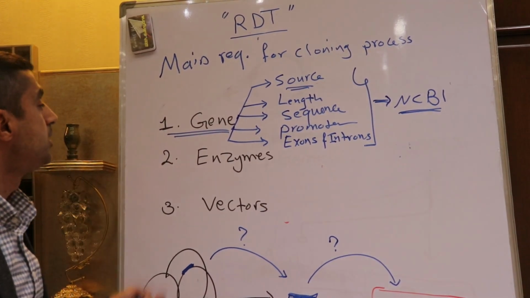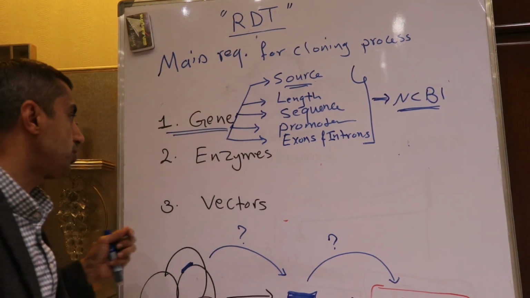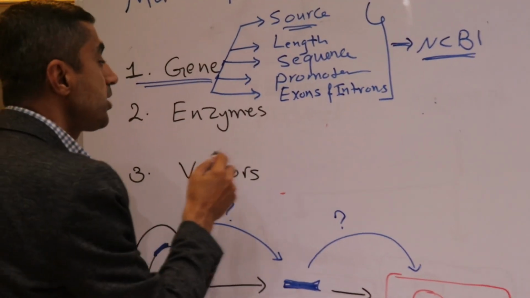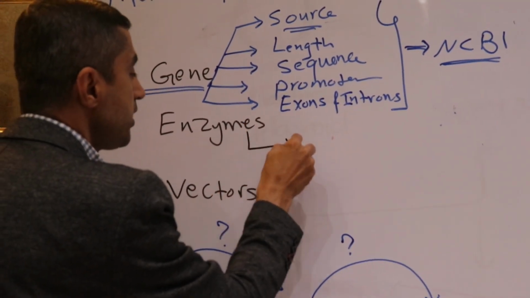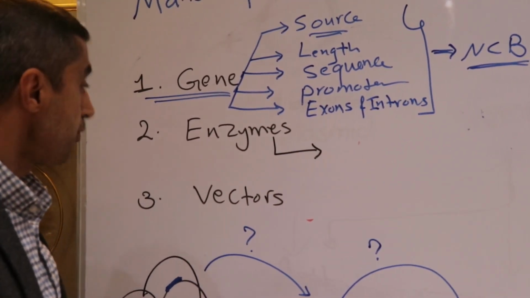And the second requirement for cloning or recombinant DNA is enzymes. In here, we use two different types of enzymes for cloning.